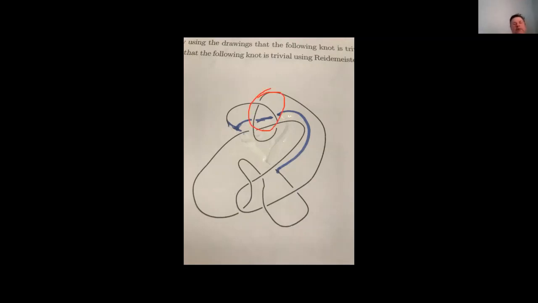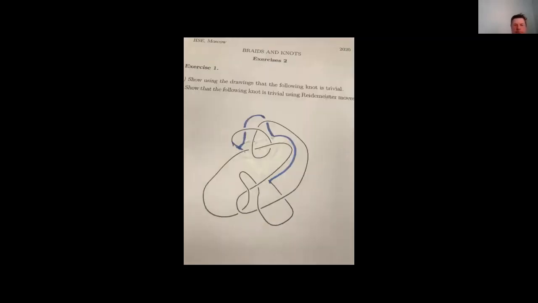Very good. Let it be. And we have this, and the first Reidemeister in this loop, and in this loop. Yes, this is very good.